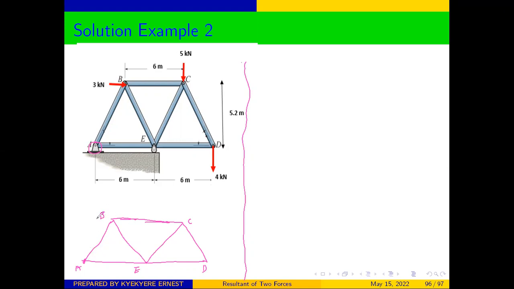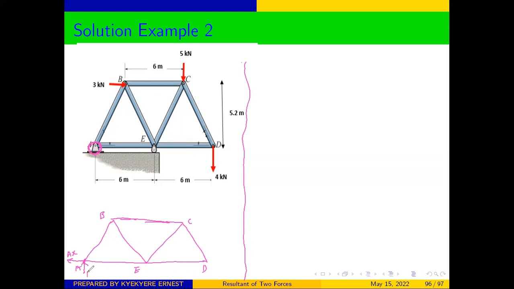And we are told that there is a support at A, and the support there is a pin support. When it's a pin support, we have two reactions, one in the X, let's call it AX, and another one in the Y.